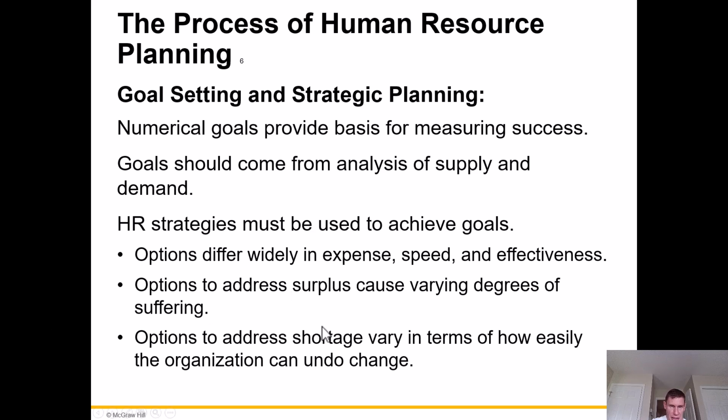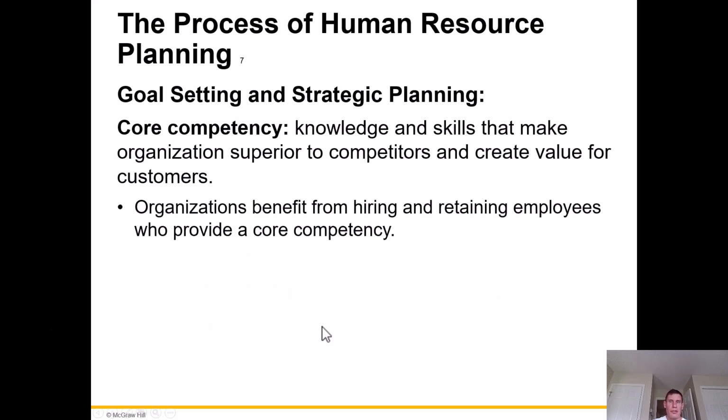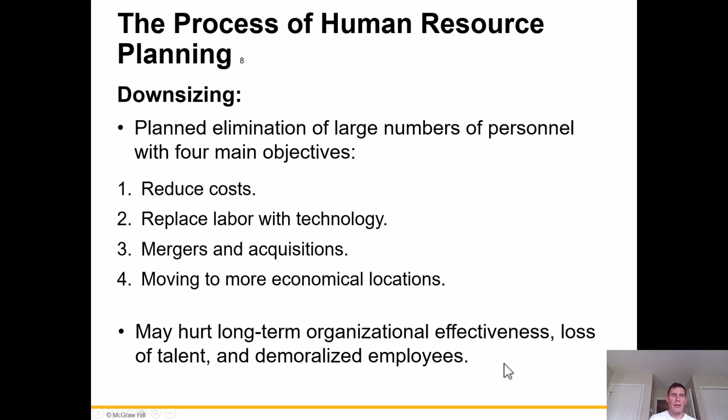Bigger companies, not always the case. So a core competency is defined as knowledge and skills that make an organization superior to competitors and create value for customers. So organizations benefit from hiring and retaining employees who can provide a core competency, who are mission driven, as we like to say.